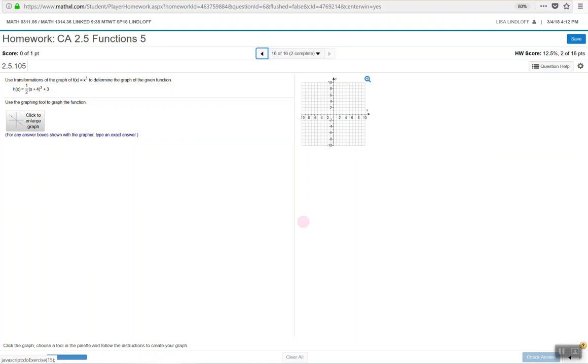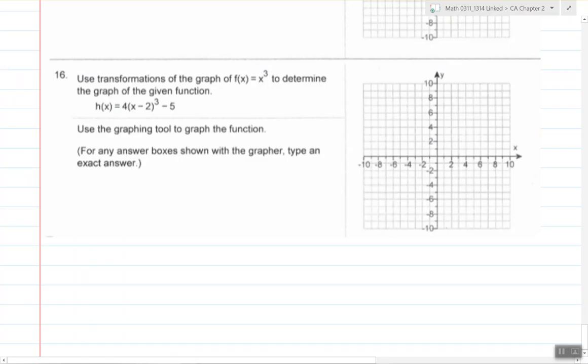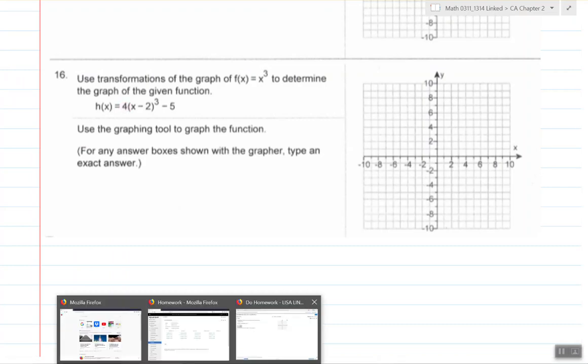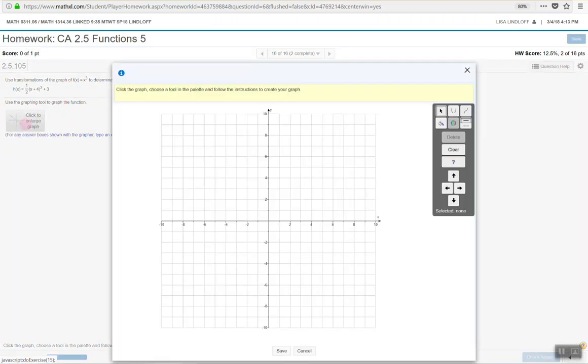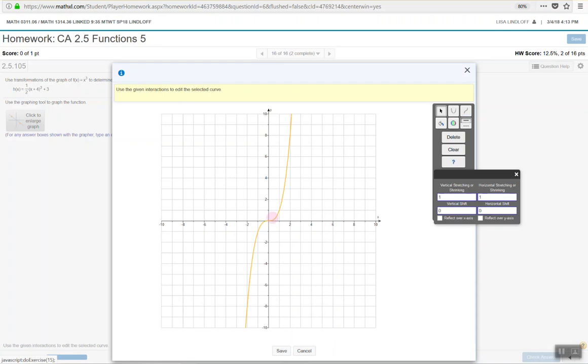Now, this one has a coefficient of 1/2, and I believe that yours had a coefficient of 4. So we're going to have to notice that. You have to look at your problem and see what you get. So I click to enlarge it. I'm going to start with the wiggle tool. There it is.